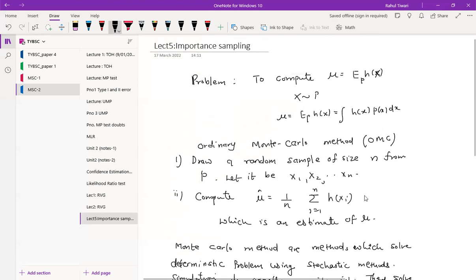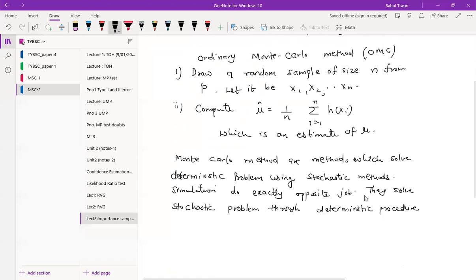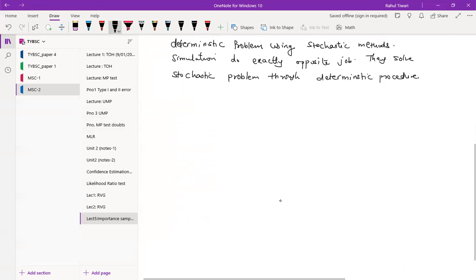So suppose you are generating the observations. Just note this part. Let's scroll down a little bit here.